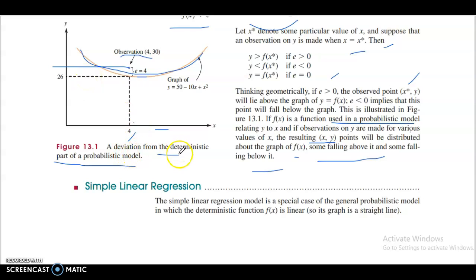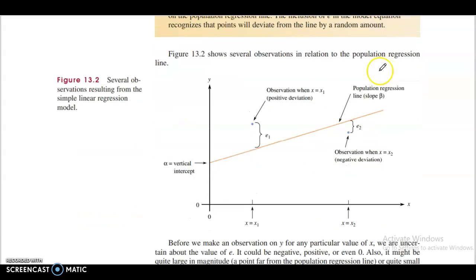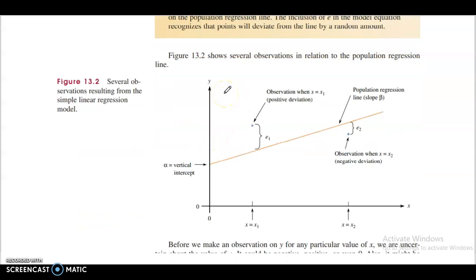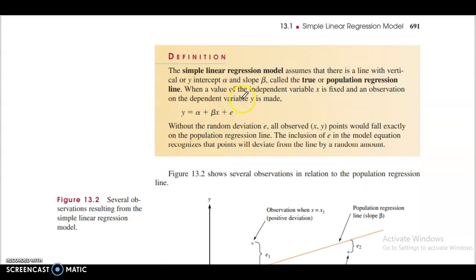The simple linear regression model is a special case of the general probabilistic model in which the deterministic function f of x is linear, so its graph is a straight line. The simplest regression model assumes that there is a line with vertical or y-intercept alpha and slope beta. We call it the true or population regression line.